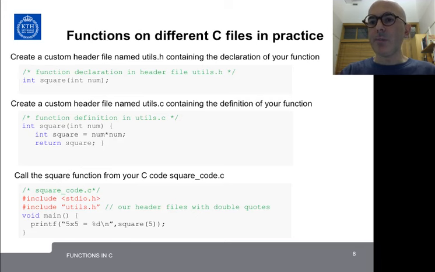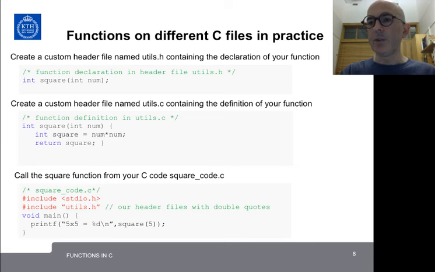Here we have an example of how to have our function in separate files. We create a header file, utils.h, where we declare our function square that takes an integer and returns an integer. We create a second file, utils.c, where we define our square function, so it calculates the square of the num argument.